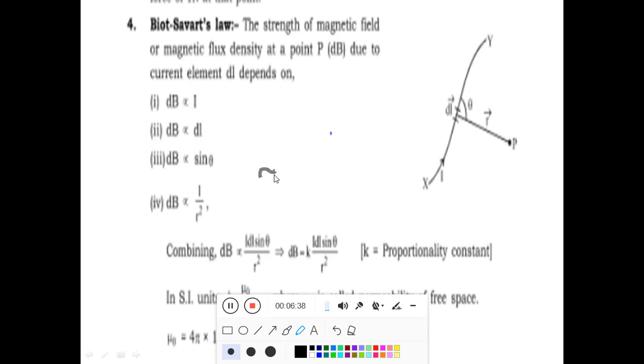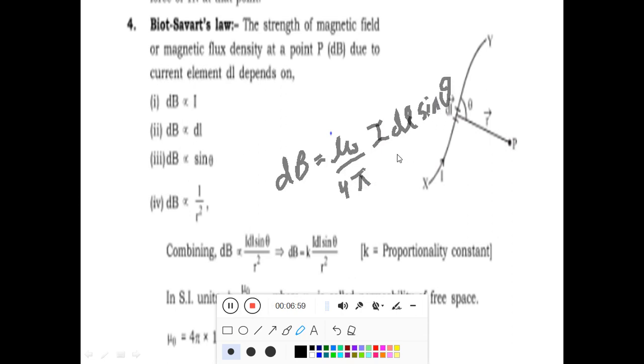So the mathematical form of Biot-Savart's law would be dB equal to mu naught by 4 pi, I dl sine theta by r square.